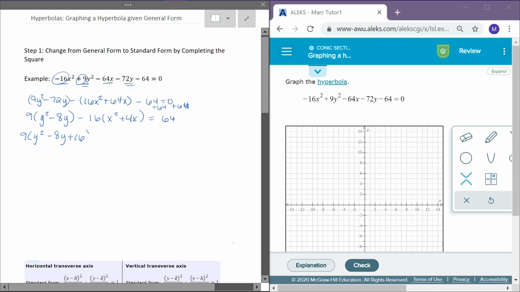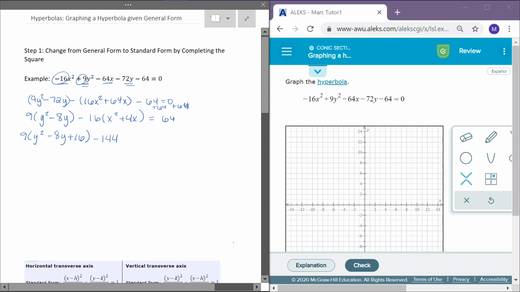Square that, you get positive 16. But I can't just add this 16 in randomly. So I'm going to figure out what exactly I've added into the equation and then balance it by subtracting it. So 9 times 16 is positive 144, so I need to subtract 144.